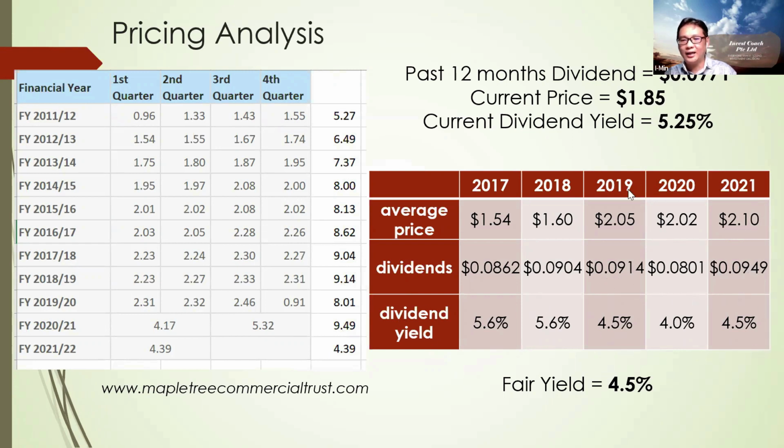So for 2019, on average, the yield is 4.5%, 2020 is 4%, 2021 is 4.5%. What it means to me is that people are expecting around 4.5% when they purchase this REIT. So this is how I make sense of the fair yield: on an average basis, people are willing to accept 4.5% to buy this REIT.